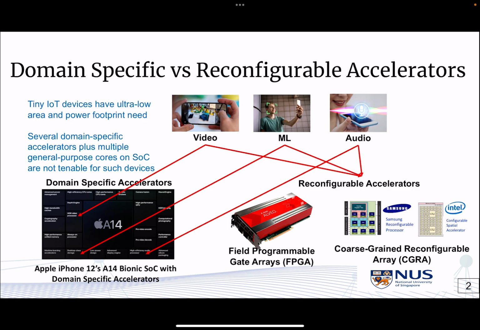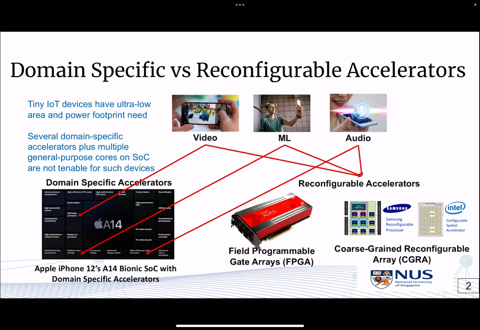Even though these kinds of mobile SoCs can afford to have multiple accelerators within the same SoC, tiny IoT devices which have ultra low area and power footprint requirements cannot afford to have multiple accelerators on the same SoC. So as a promising alternative, we can consider reconfigurable accelerators.